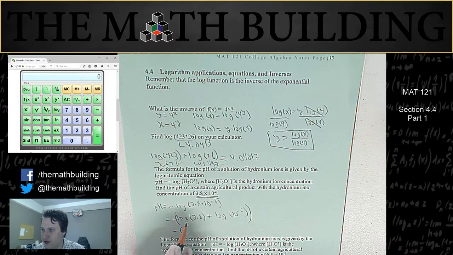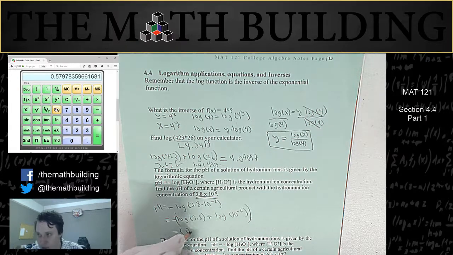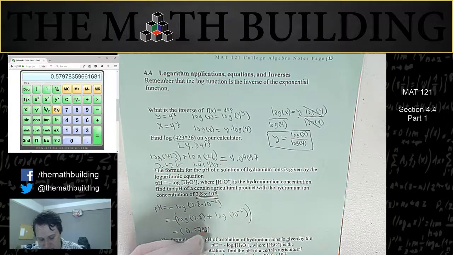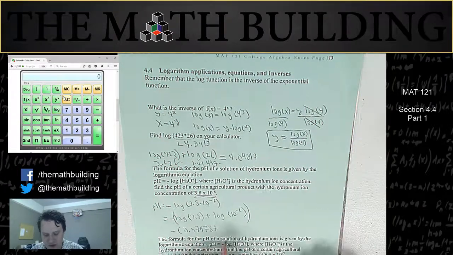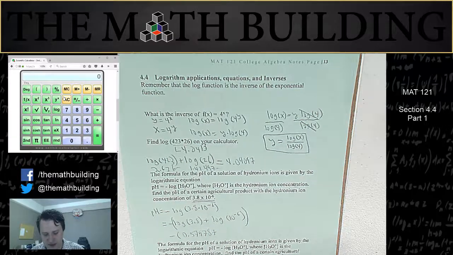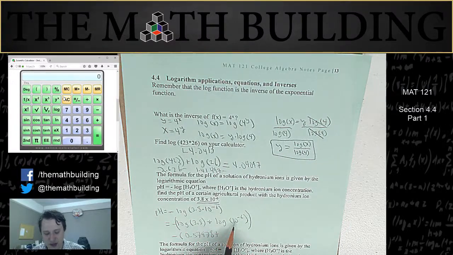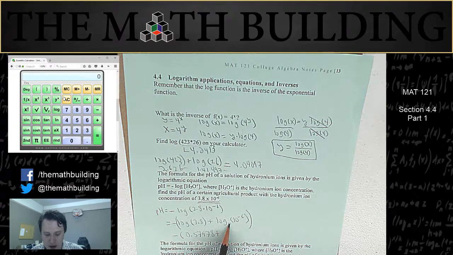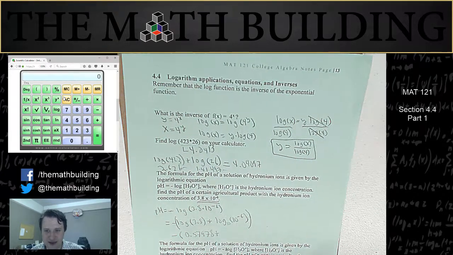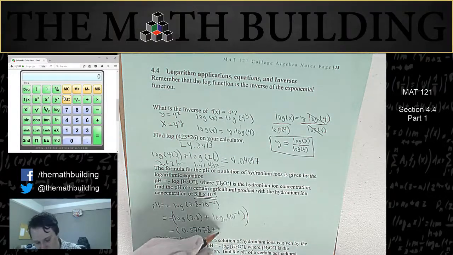So if I clear this and do 3.8 log, I get 0.57978 plus, what's the log of 10 to the negative 6? Well, you should know that that's just going to be negative 6, because it's 10 to the what is 10 to the negative 6. And that answer is just negative 6.